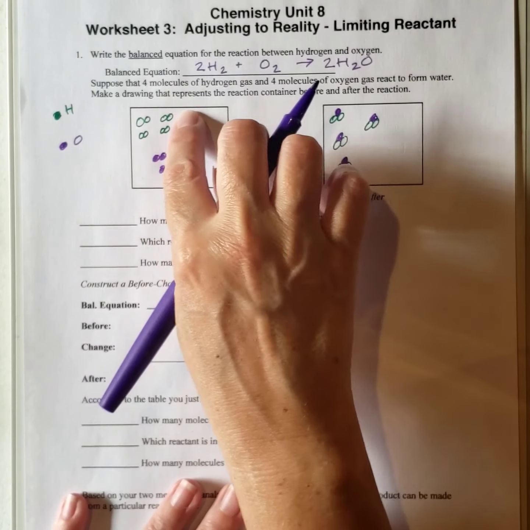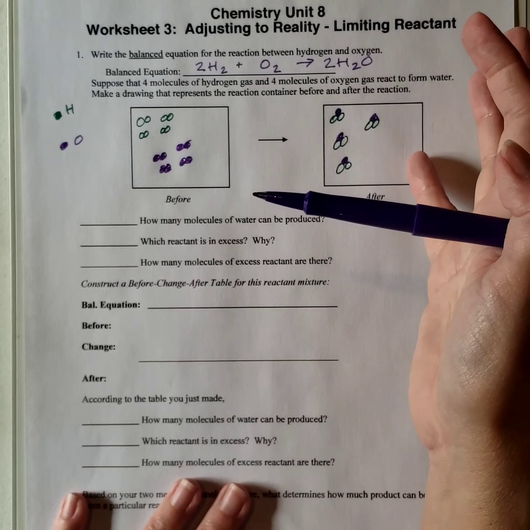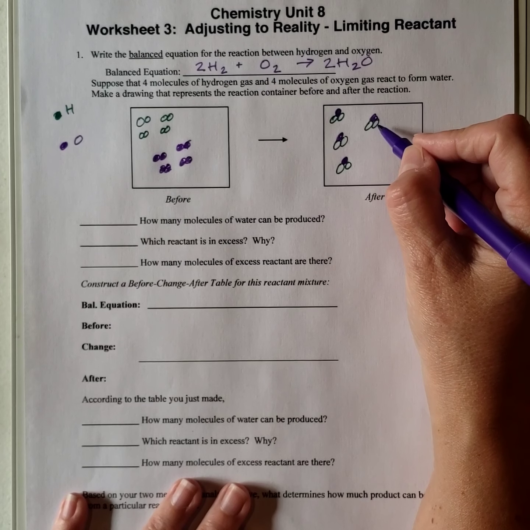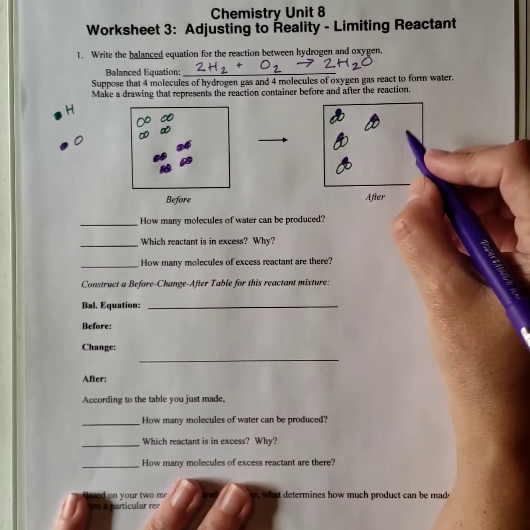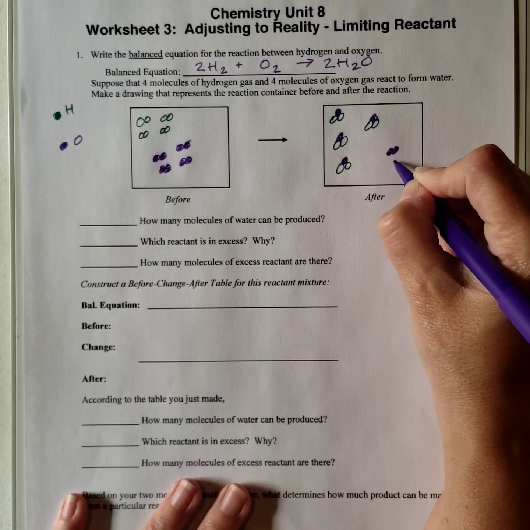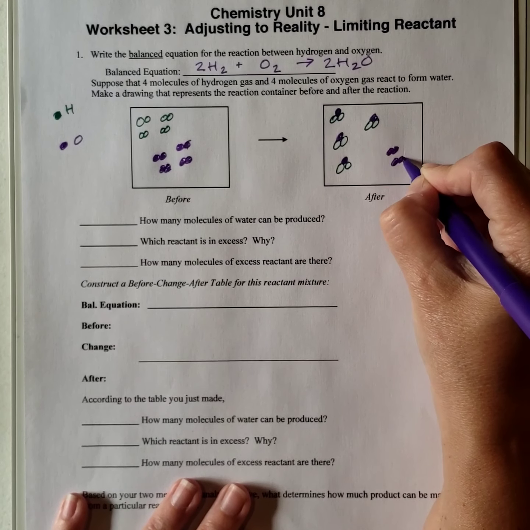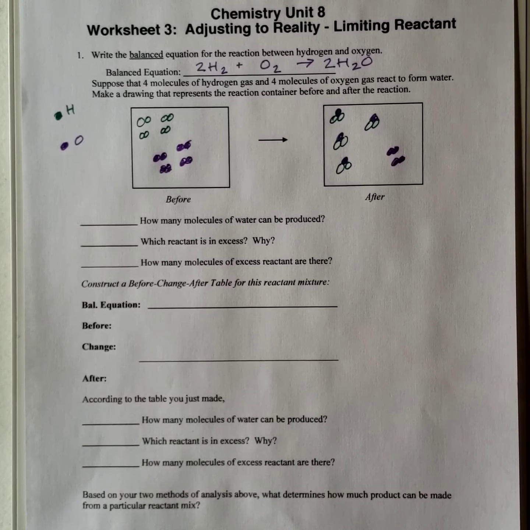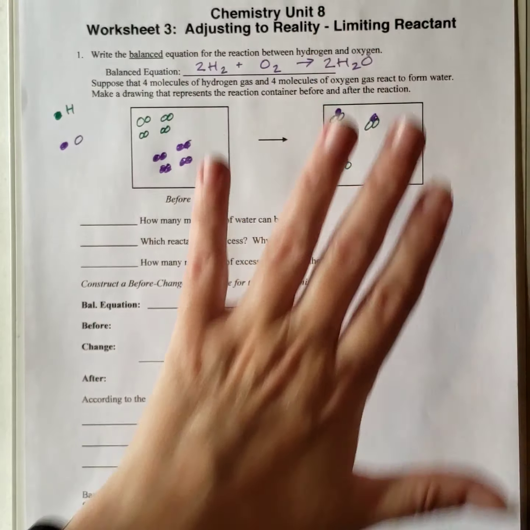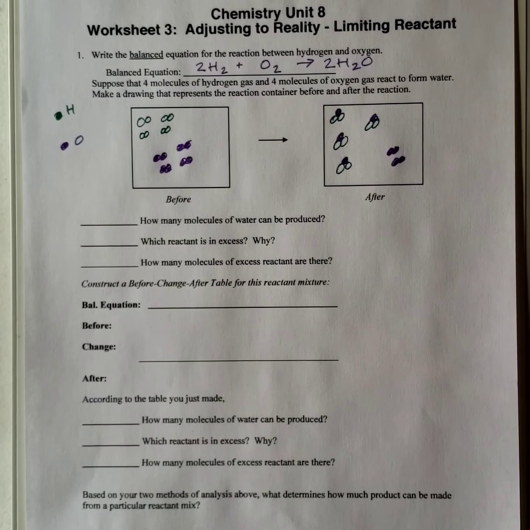I have 8 atoms of hydrogen here. So the hydrogen has been used up. I have 1, 2, 3, 4 oxygen, and I have 8 over here. So that means that I have 4 atoms or 2 molecules of oxygen left. So everything's accounted for. We had 8 of each over here. Now we have 8 of each on the reaction side.